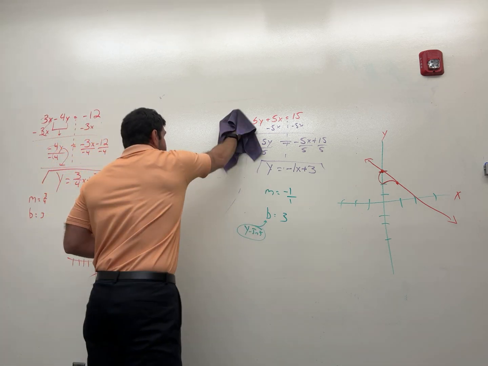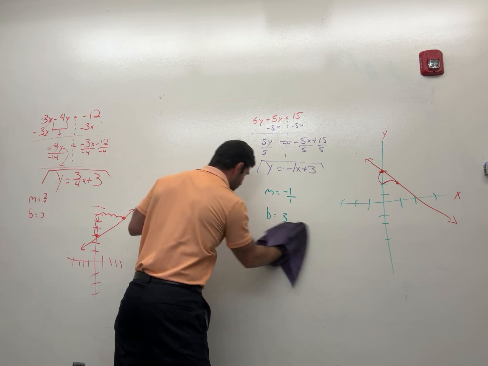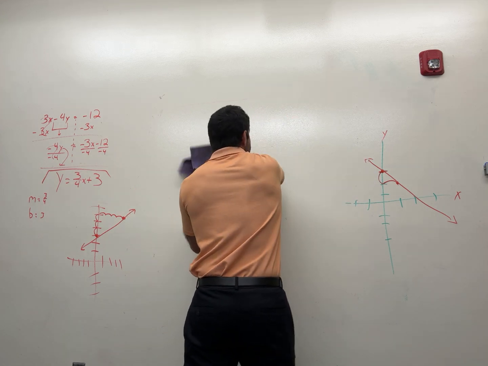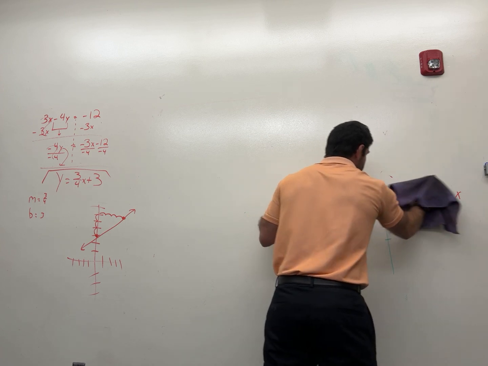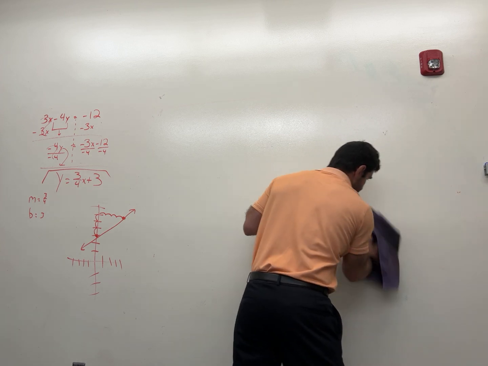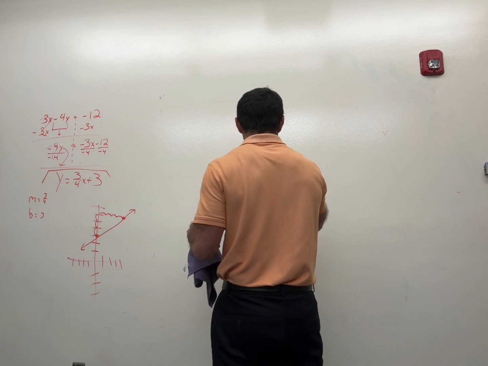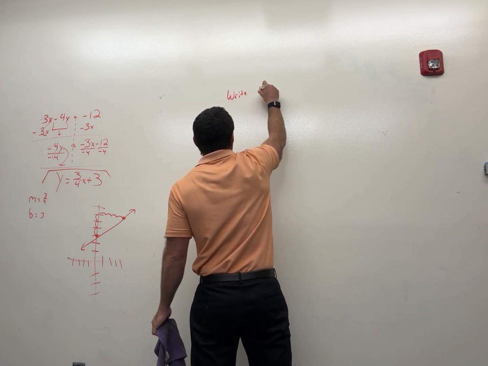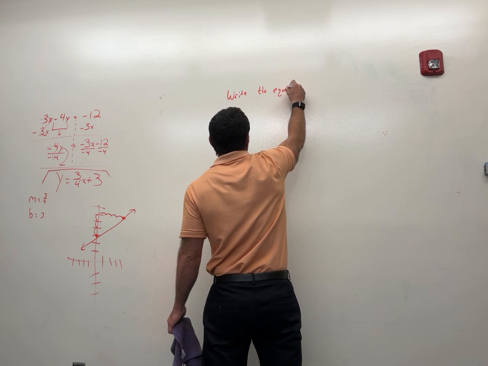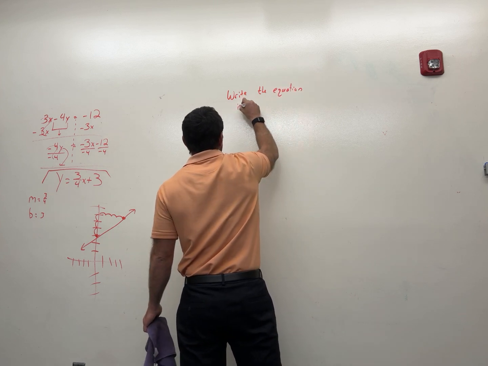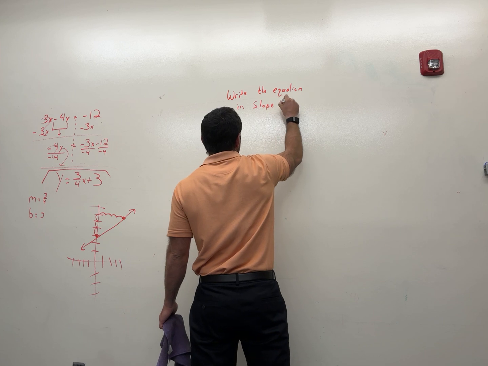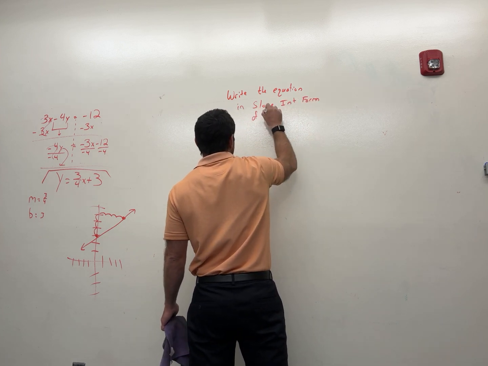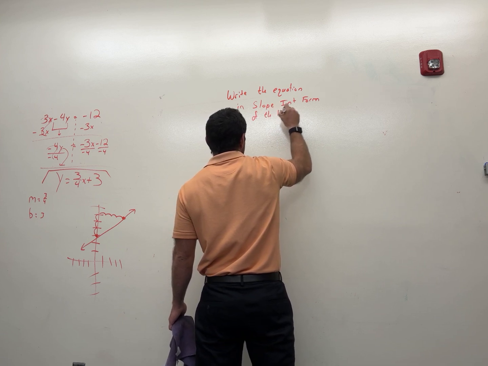Now, let's go the exact opposite direction. So we started with an equation and we graphed it. This time, write the equation in slope-intercept form of the line.